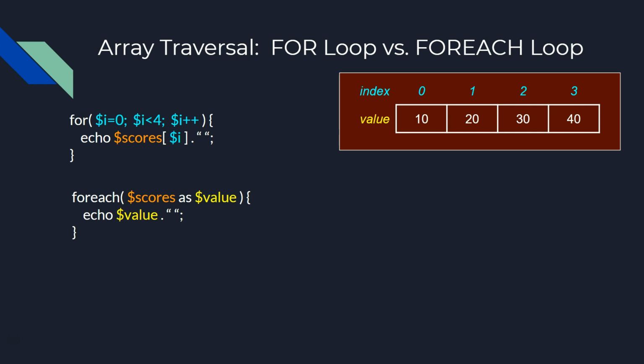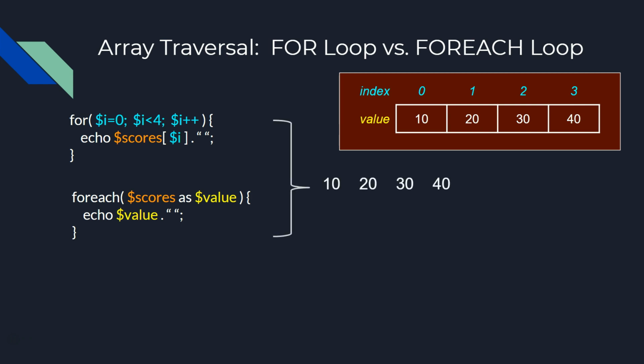I just happened to call it value, but you are not limited to using the word value. You can use anything you want. Any variable will be fine. ABC, my data, it doesn't matter. Then you can just echo the value out. Notice I do not use the index at all. Both of these statements will produce the same result.